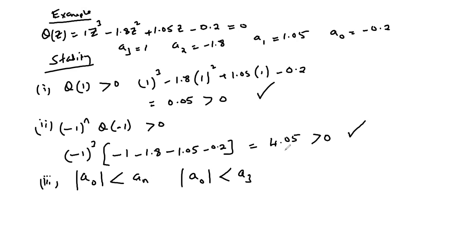So we can write A0 magnitude is the magnitude of negative 0.2, which we are saying must be less than A3, which is 1. And we notice that 0.2 is less than 1. And condition number 3 is met. And we can now proceed to formulate the jury's array, from which we can proceed with the jury's stability test.